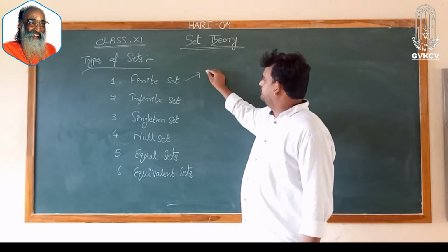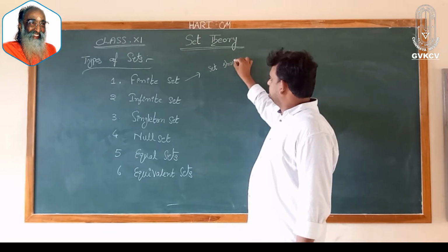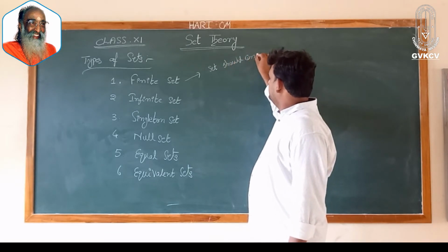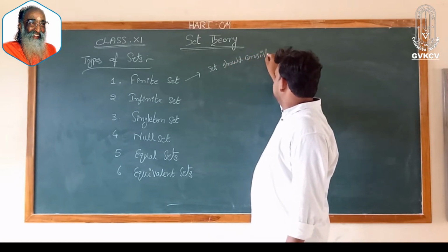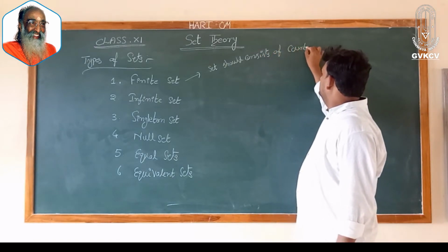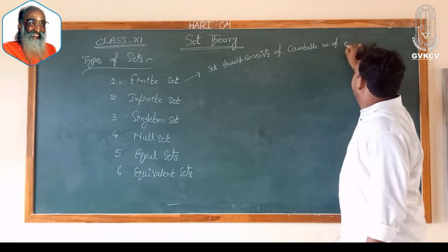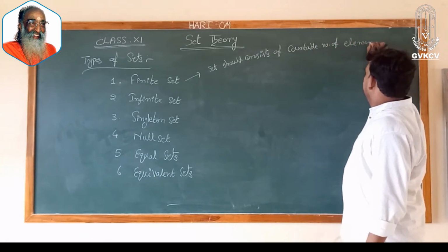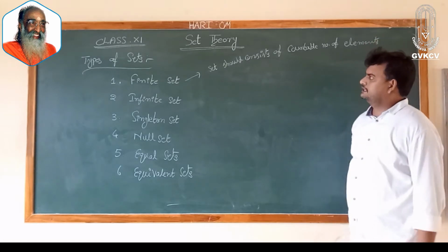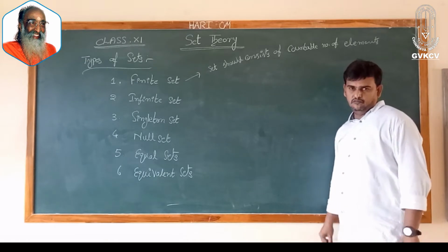Finite set means the set should consist of a countable number of elements. Set should consist of a countable number of elements, which is called finite set.